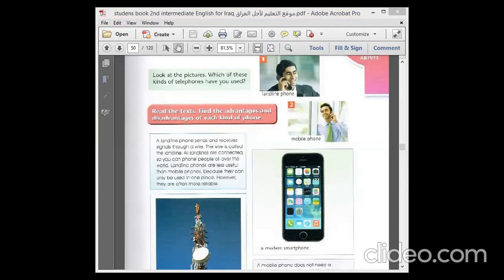Which of these kinds of telephones have you used? I suppose that all of you have used mobile phones, but I don't think that any of you has ever used a landline phone. So let's read these two texts.